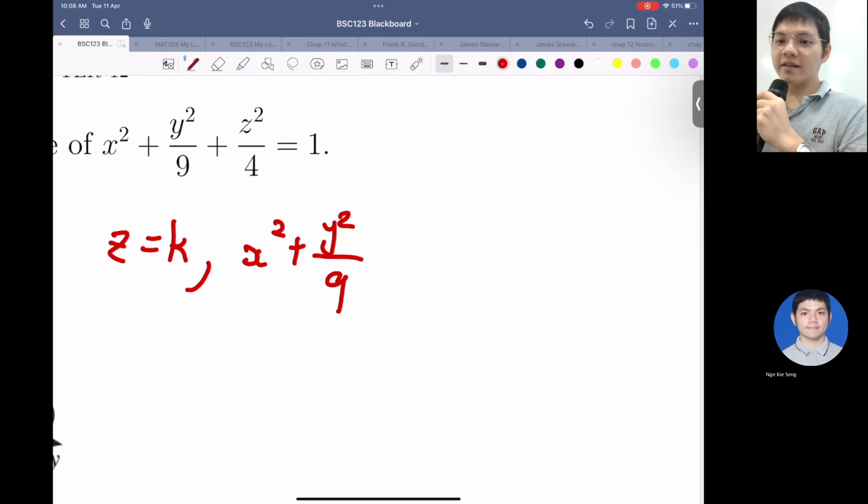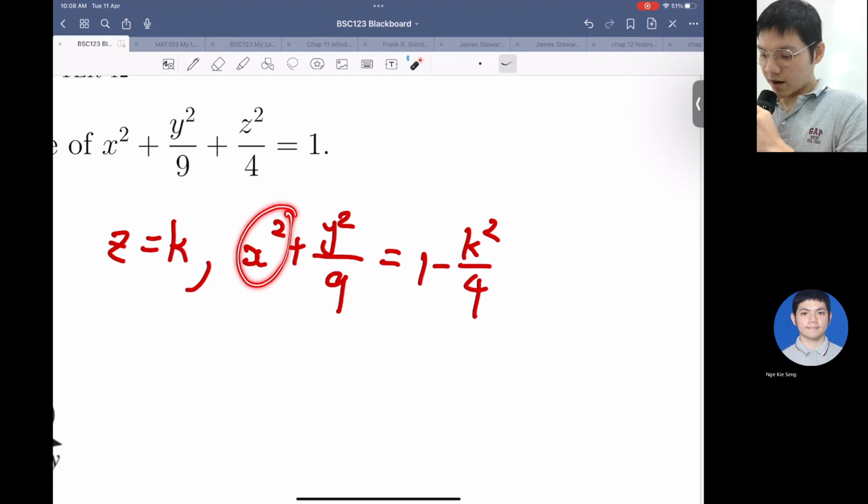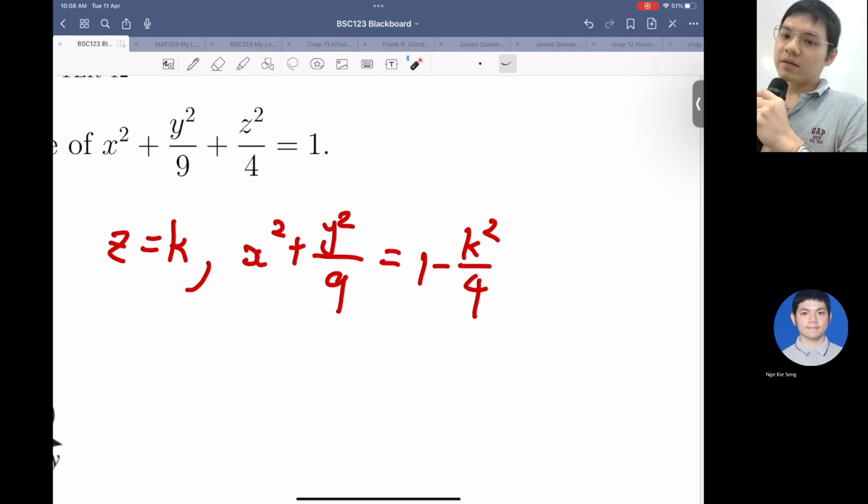This is what I need you to know from last time, which you learned before. So what's going on here is, from last time, x squared plus y squared over 9 has to be equal to some constant.